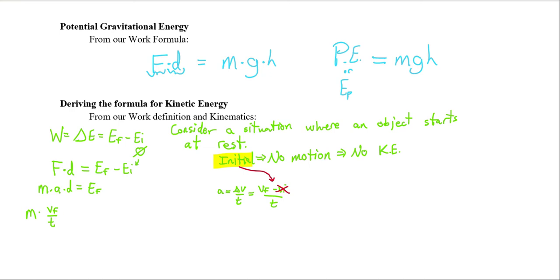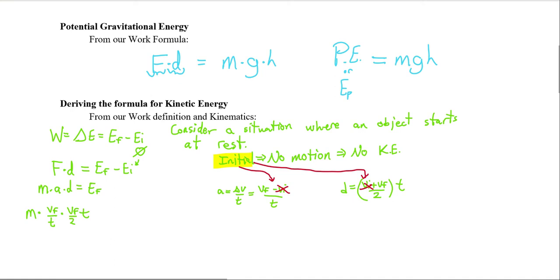And then I need to multiply by my displacement. Well, displacement is (VI plus VF) divided by 2 times time. That's our other formula. But again, our initial velocity is 0, so I get to throw that away. So I have VF over 2 times t.